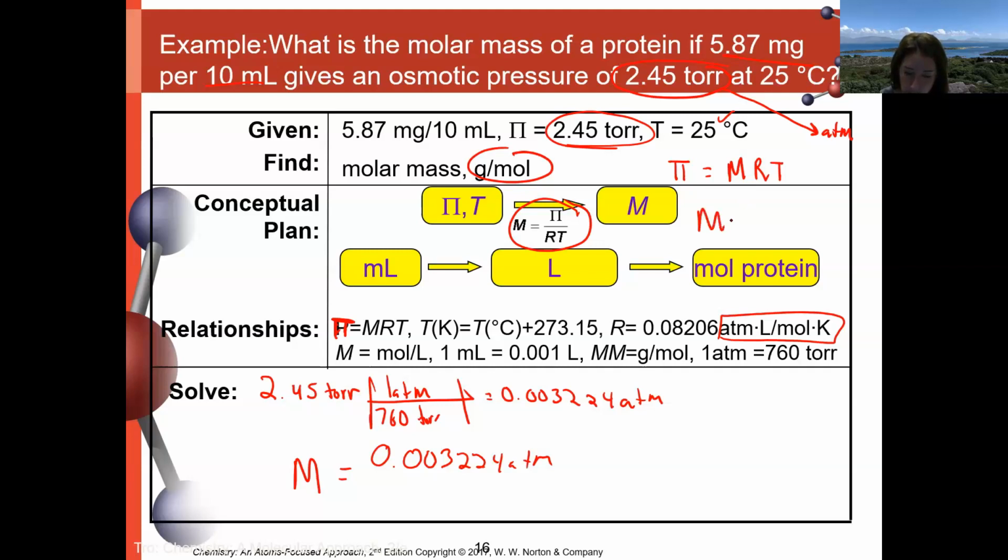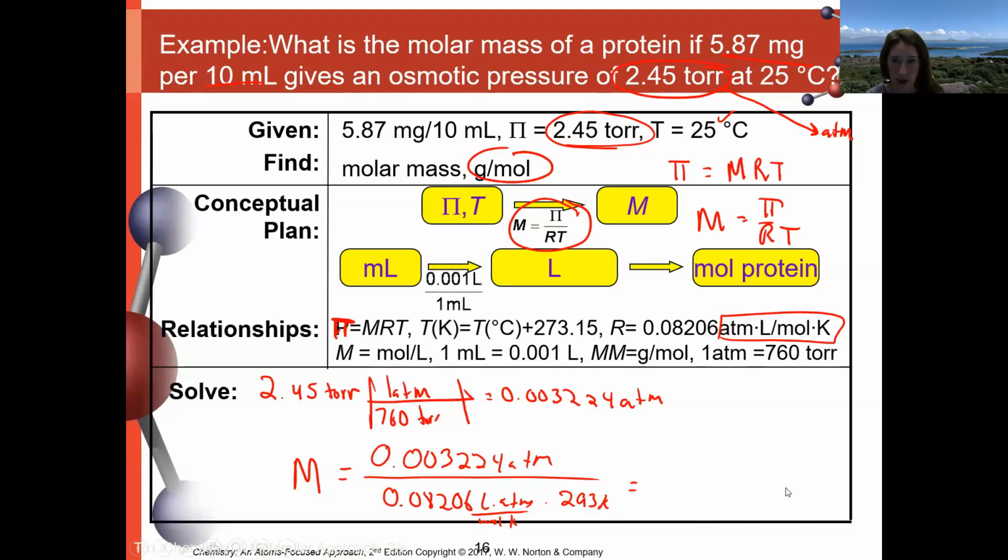We end up with molarity equals pi over RT, so 0.003224 atmospheres over R, 0.08206 liter atmospheres per mole K, times our temperature, which is, what is that, 293? 298. I can add. It's 298, thank you. Right, and so that should give us our molarity.